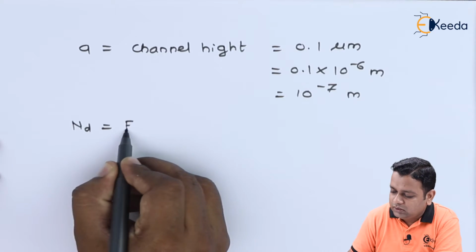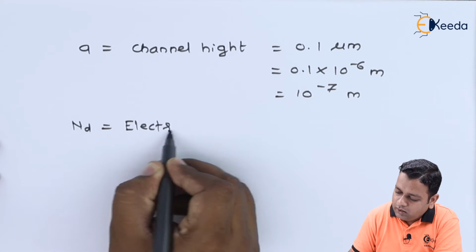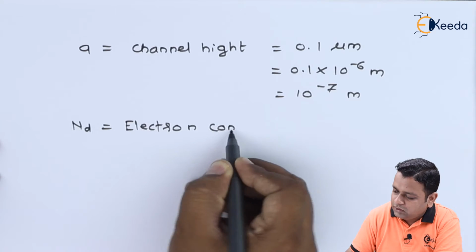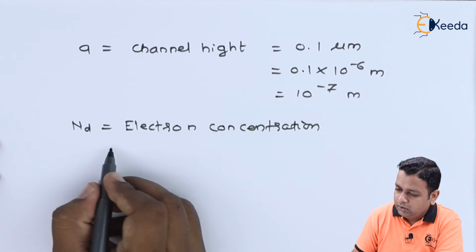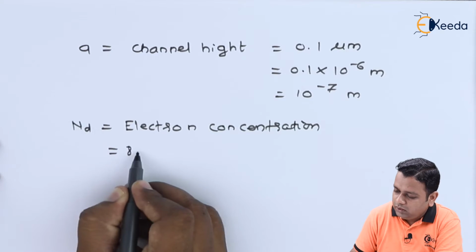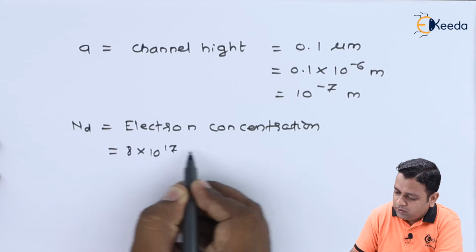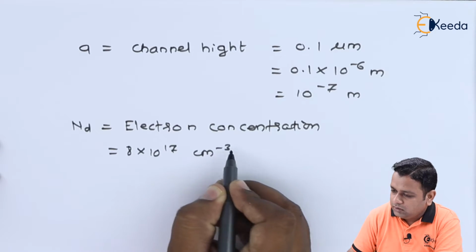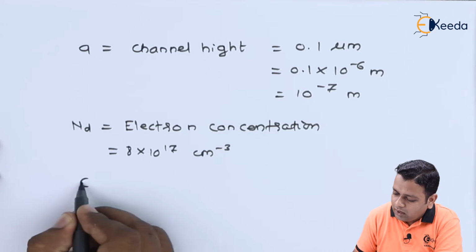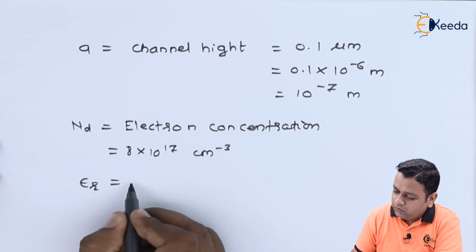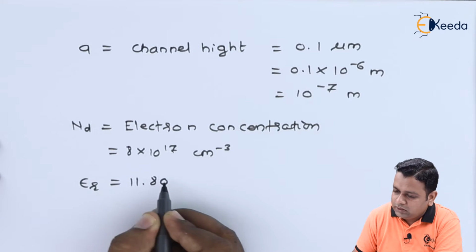So here I mentioned this to be the electron concentration. So electron concentration holds the value 8 into 10 raised to power 17 per centimeter cube. And the third and last parameter is denoted by epsilon suffix r equal to 11.80.